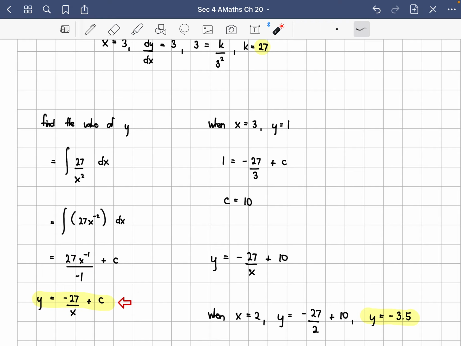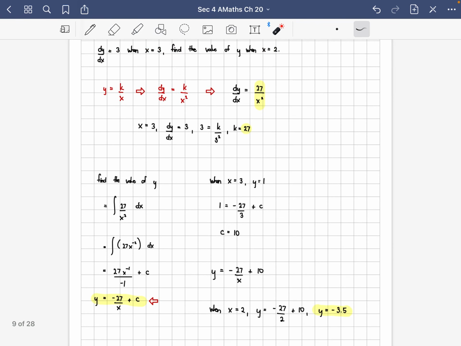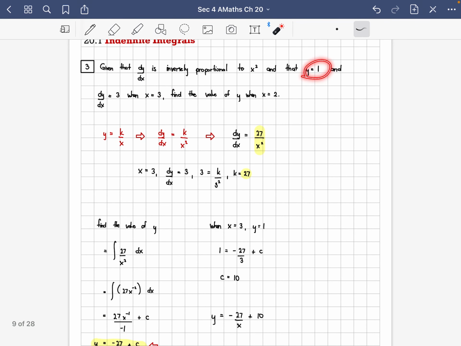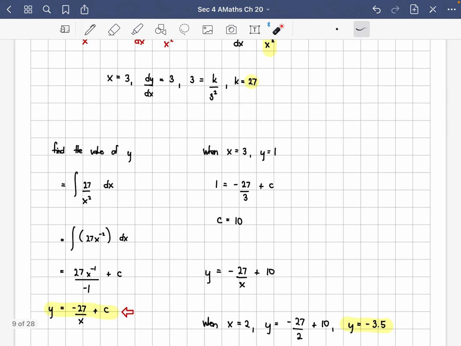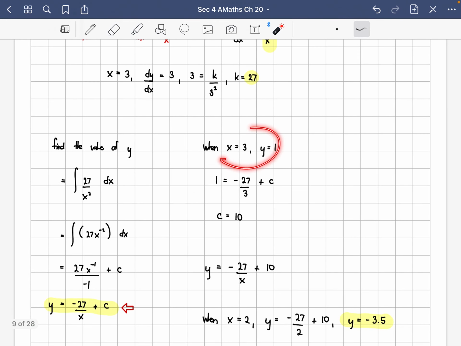So this is your equation. But like our previous example, we cannot look for the value of y since we have the letter c here. Now, how do we solve for c? Given in the question that y is equal to 1 when x is equal to 3, we're going to use those points. So let's plug in 3 and 1. So 1 is equal to negative 27 over 3 plus c.